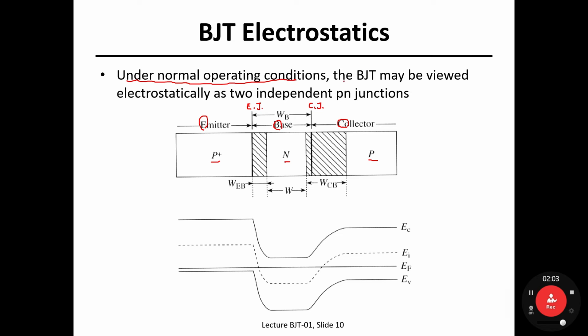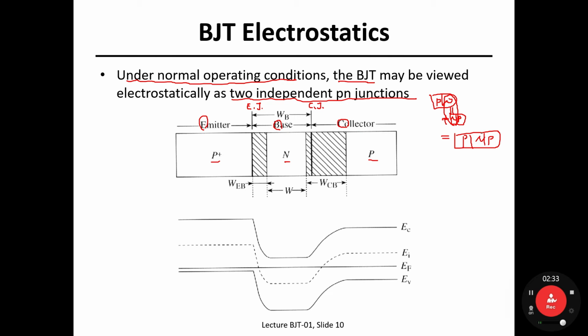As a hint, as stated here, the PNP BJT device may be viewed electrostatically as two independent PN junctions. I mean this PN junction plus another PN junction, and since this N side is commonly shared, you end up with this PNP BJT device.